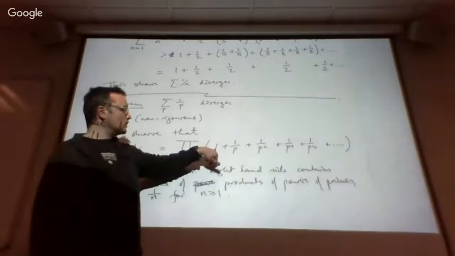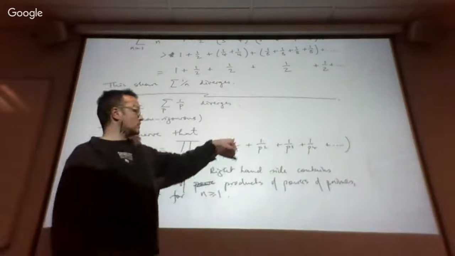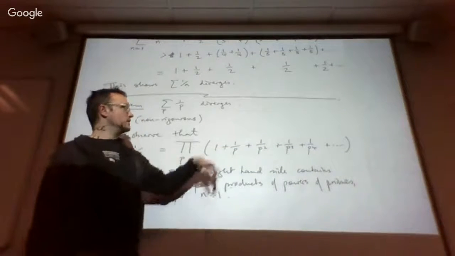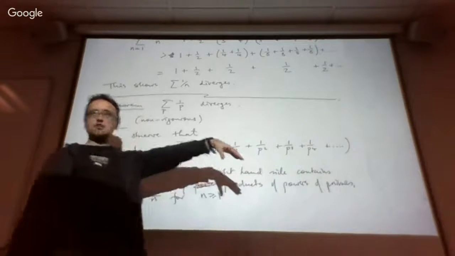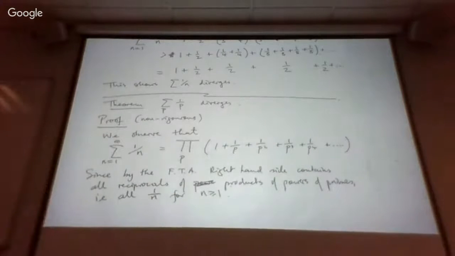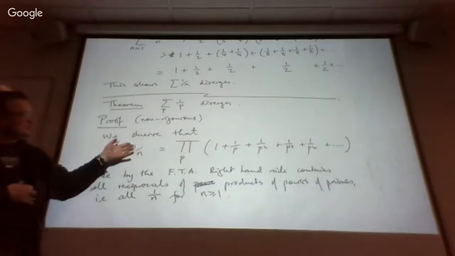So I'll take the element 1 from every bracket, apart from 1 over 3 from the p equals 3 one, and 1 over 5 from the p equals 5 one. So when I multiply all those 1s, that infinite number of 1s together, and the third by the fifth, you get 1 over 15. And you can do the same for any integer.